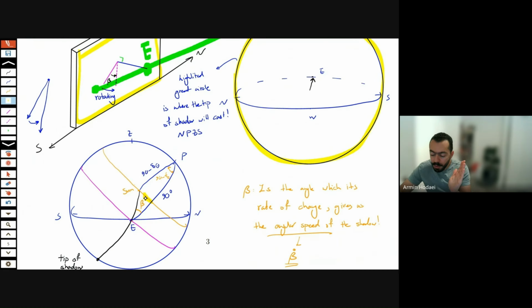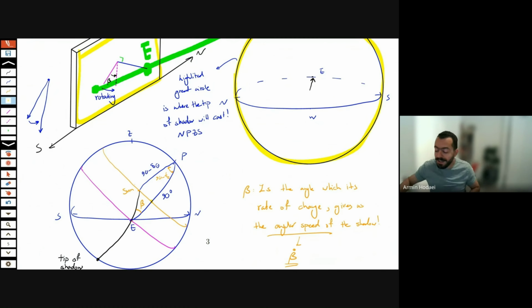The whole motion of the sun is going to be spent on the shadow's rotation at that exact point. But at any other point, sun's motion is going to be spent both on rotation and also on change of length. Does that make sense?